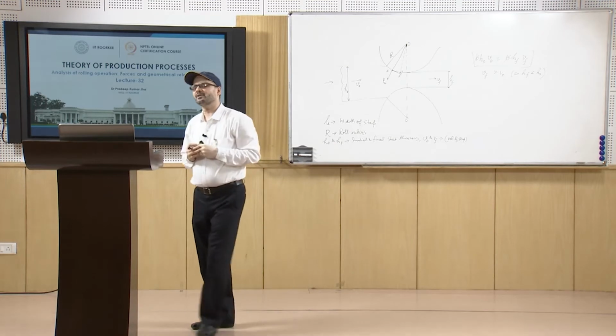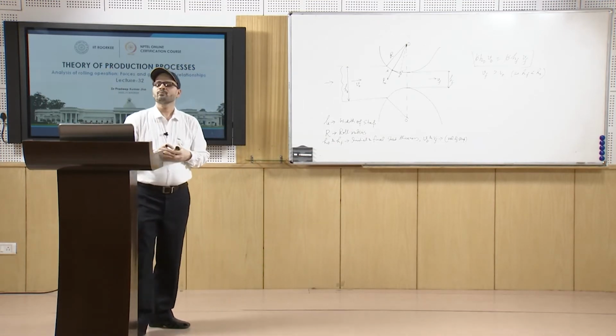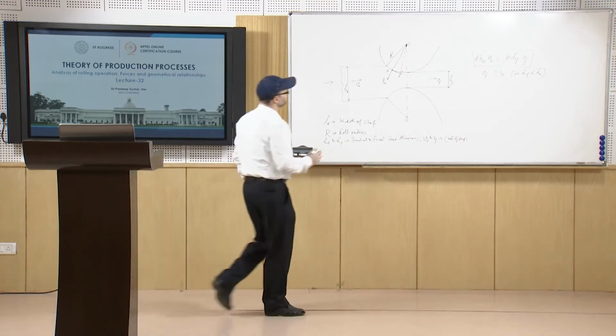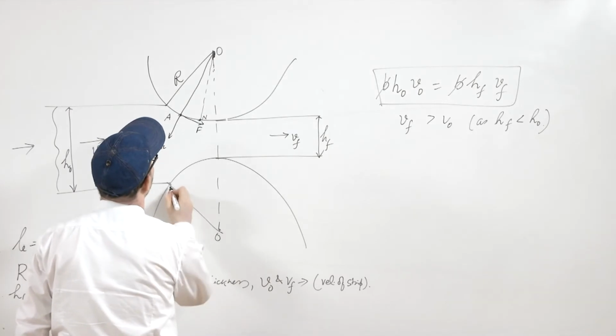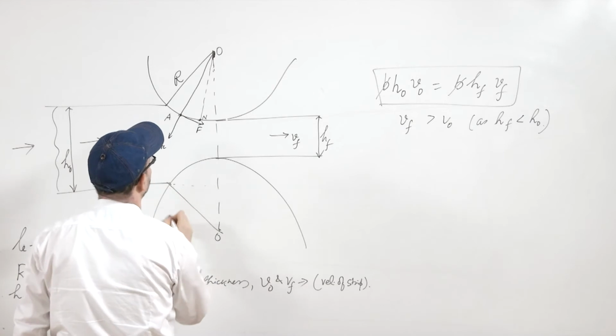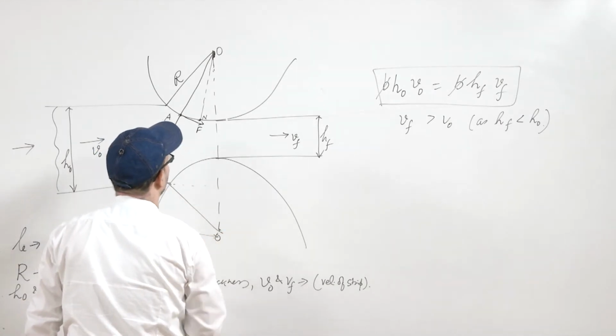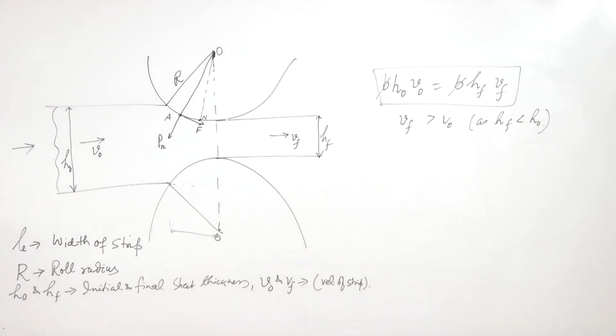Specific roll pressure means roll pressure divided by contact area. The contact area uses the projected length of the arc, which we call L p.